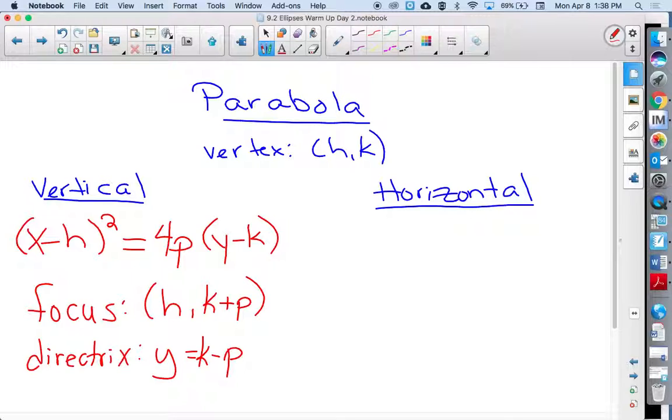And then you need to get 2 points on either side of the focus to know how wide the parabola is. Don't just randomly draw the width. You need to find 2 other points. So the horizontal form would mean that the other term is squared. So now y is on the left, still with k. Y and k are always together in every single conic. 4p times (x minus h) would be on the right.